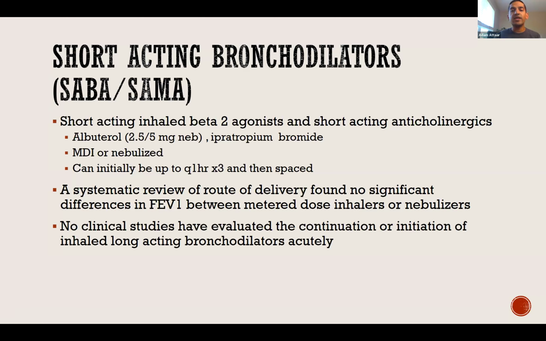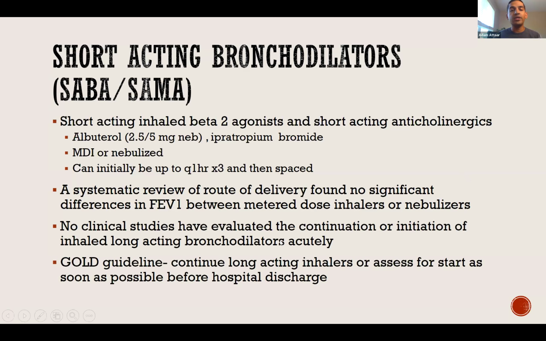There have been no specific clinical studies that have looked at the continuation of long-acting inhalers in patients with acute COPD exacerbations and whether this is beneficial. However, it is the opinion of GOLD to continue long-acting inhalers if the patient can tolerate them, or assess for the start of inhalers if they're not on the right types already prior to hospital discharge.